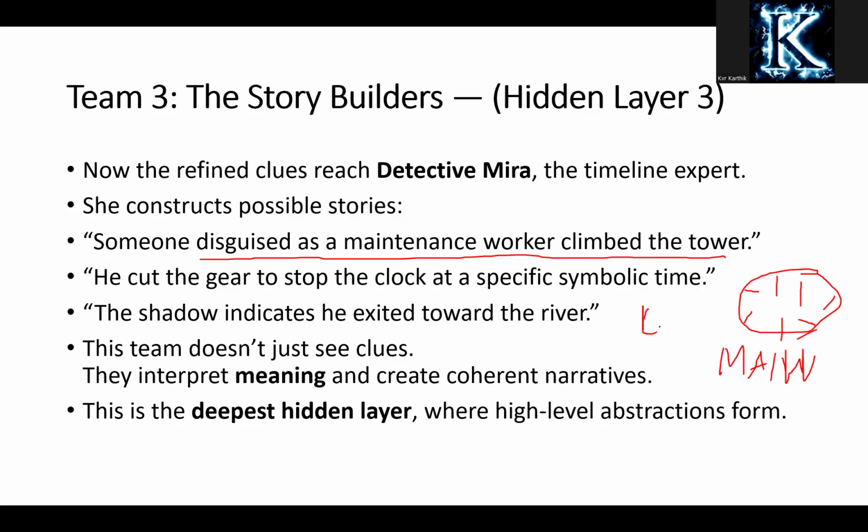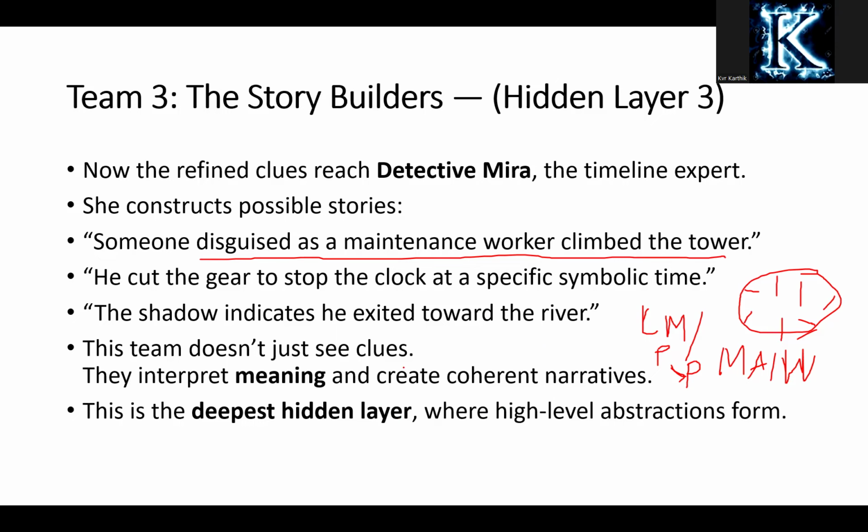There might be a common man who damaged this particular clock so that people will stop working. So if a person has some jealousy or issues with another person, he might have stopped this particular clock so that people will stop working. So this is the second prediction that occurs as far as this particular case is concerned.